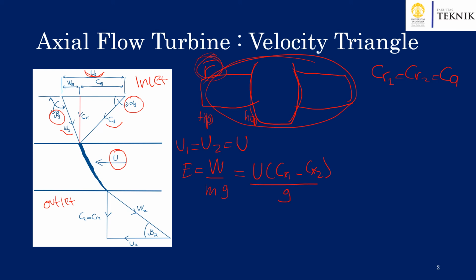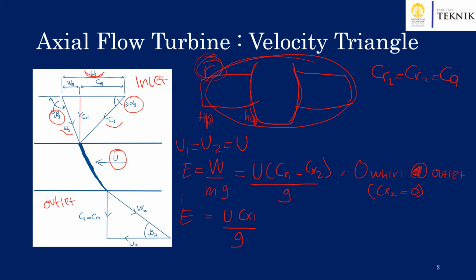And for conditions where we have zero whirl at the outlet, which means that Cx2 is equal to 0, the Euler equation becomes U multiplied with Cx1 divided by gravity.